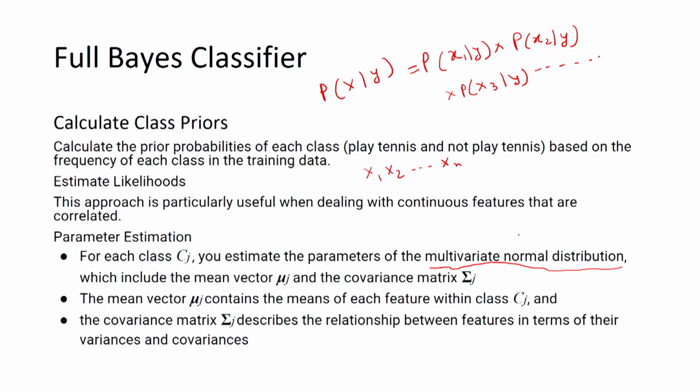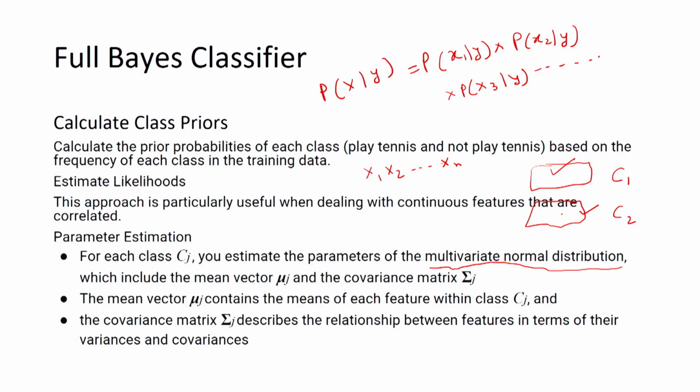In your data set there will be some instances corresponding to class C1, and another set of instances corresponding to class C2. Suppose it is a binary classification case. In that case you must know the multivariate normal distribution for the instances of each class, because the features are not independent.